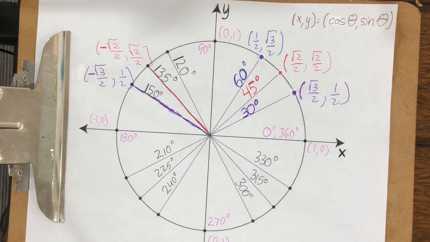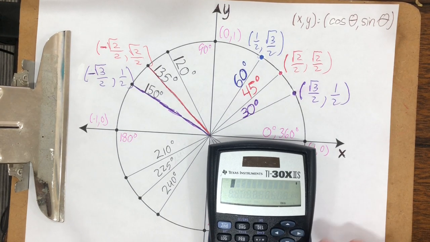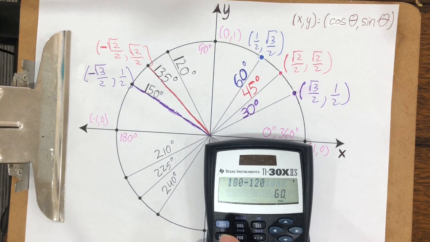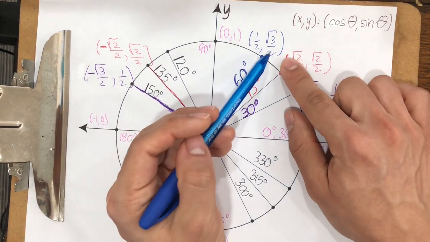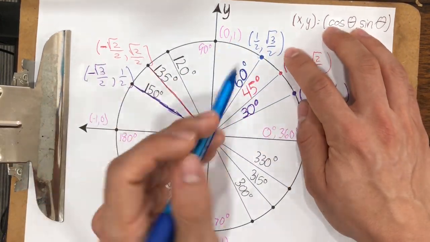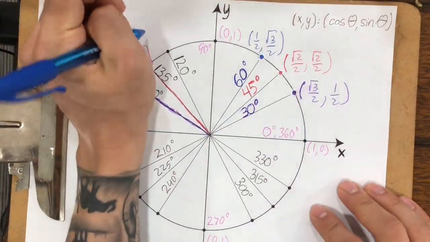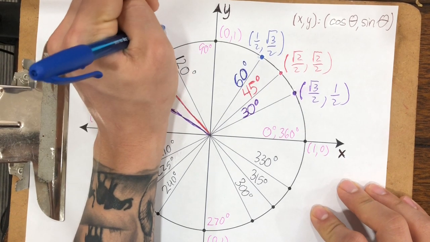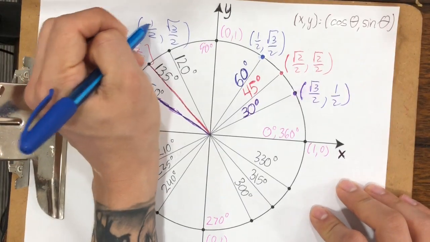Okay, so now let's take a look at 120 degrees. If I do 180 minus 120, I get 60 degrees. So I'm going to take my blue pen and copy the x and y coordinate from 60 degrees and paste it in the same spot as 120 degrees. So I have 1/2, comma root 3 over 2, and my x value is going to be negative.